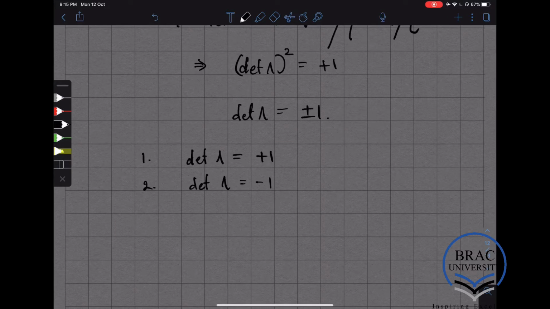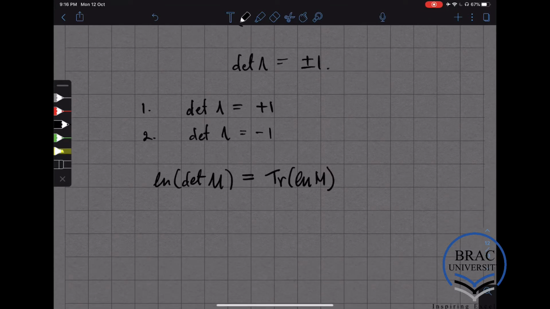Now, there's a very famous identity: the log of the determinant of a matrix, say M, is equal to the trace of the log of that matrix. If we take the antilog of that, then we get the determinant of M is equal to the exponential of the trace of log of M.